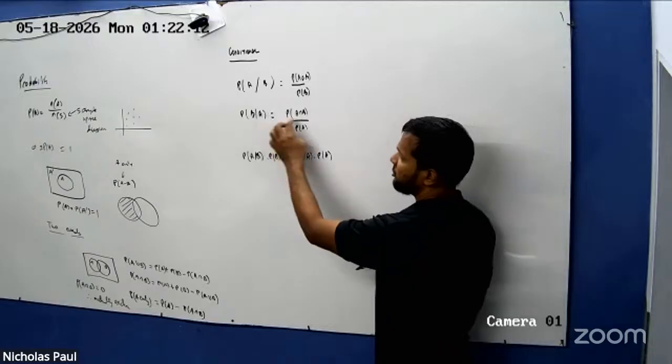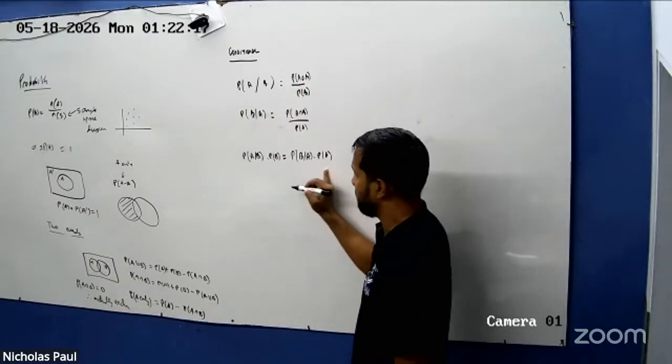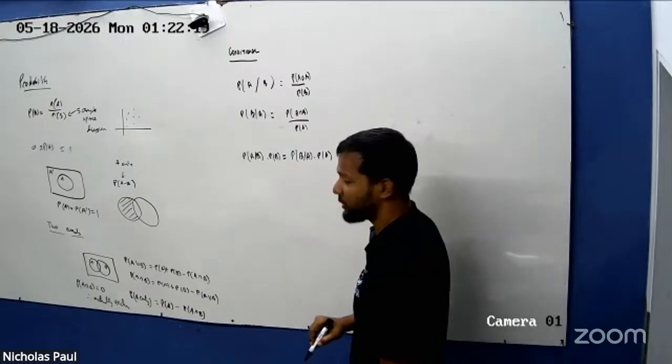That's like making the probability of A and B the subject of the formula and then equating. It's a nice relationship to know.